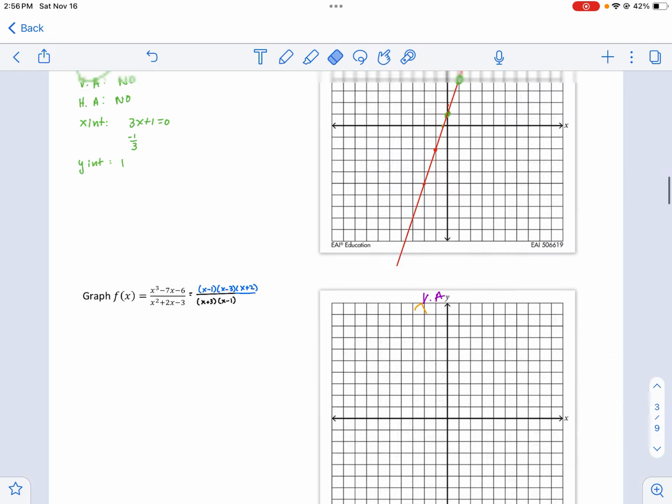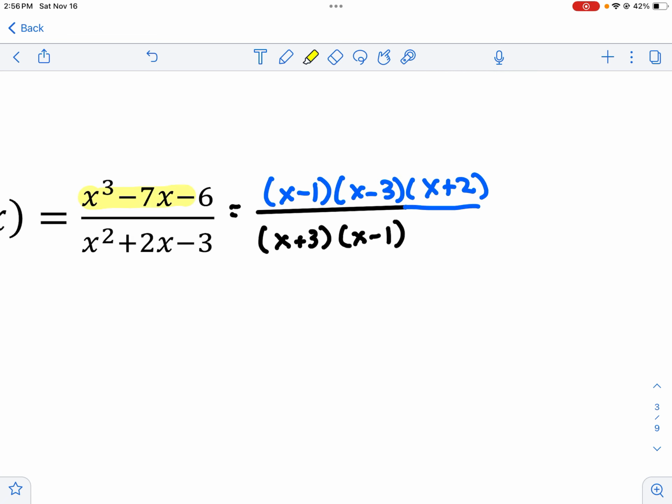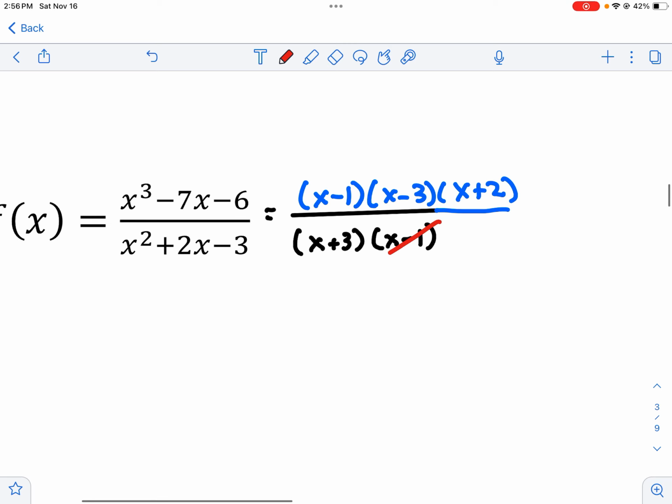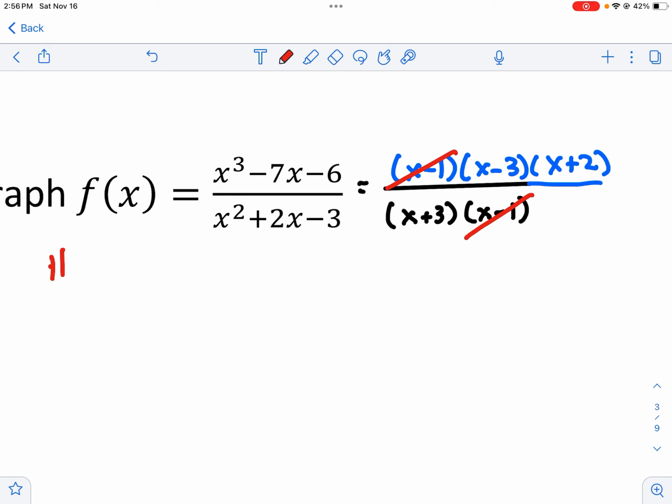But the first step is to factor. I factor this to this. I just use PQ, something that you know to do. And I factor this to this. So I factored. Can I cross anything out? Yes, I can cross those two out. Because I cross those out, there's a hole at x equals positive 1.